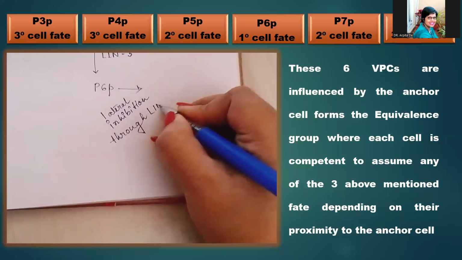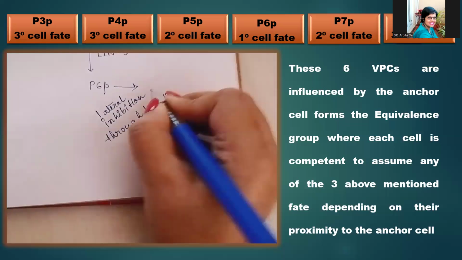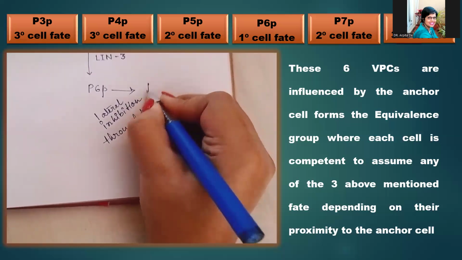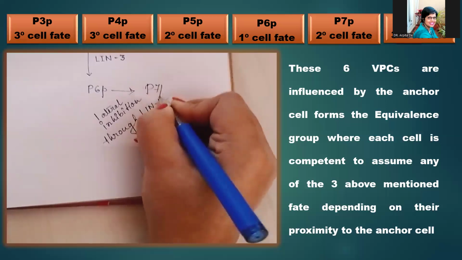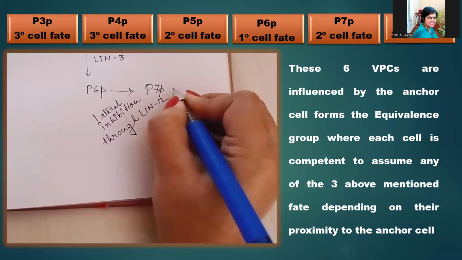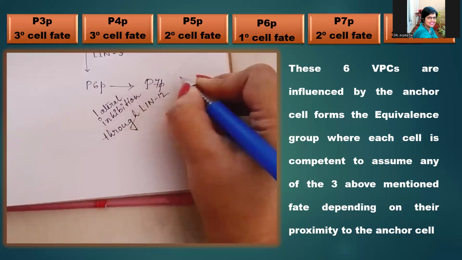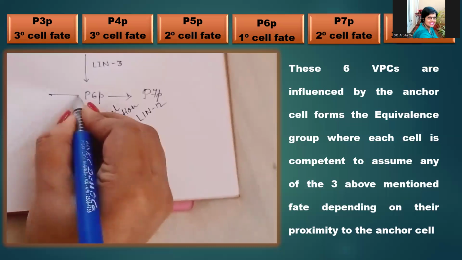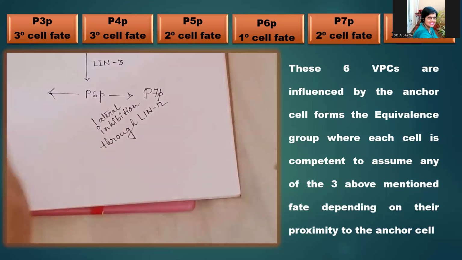Lateral inhibition occurs through another protein called Lin-12. At the two sides of P6.p, you can see P7.p and P5.p.